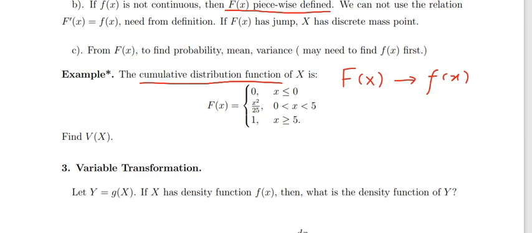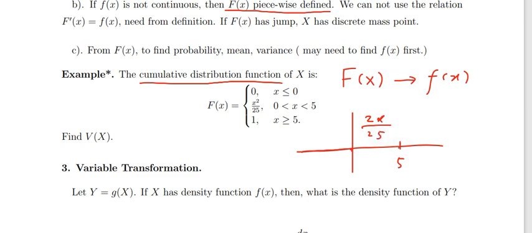So if not continuous, on the continuous part, use the derivative. The story is just like that, right? So let's say for this example, the density function is 0, yeah. So from 0 to 5, this part is continuous, so we can use a derivative. So this is just 2x over 25, right?